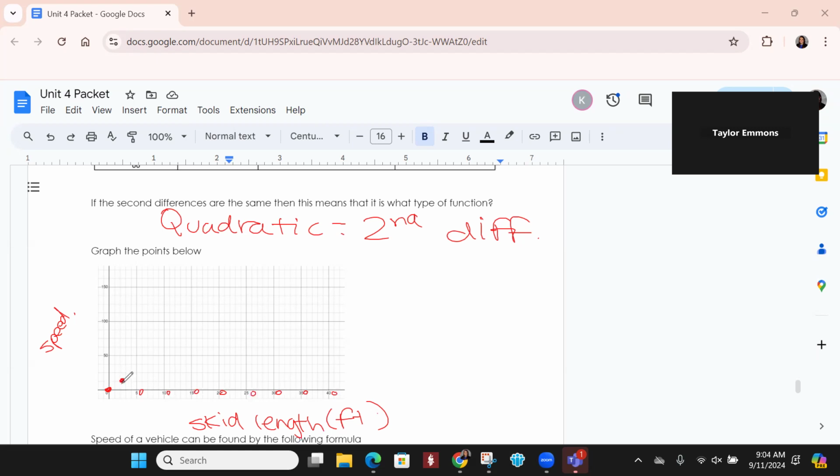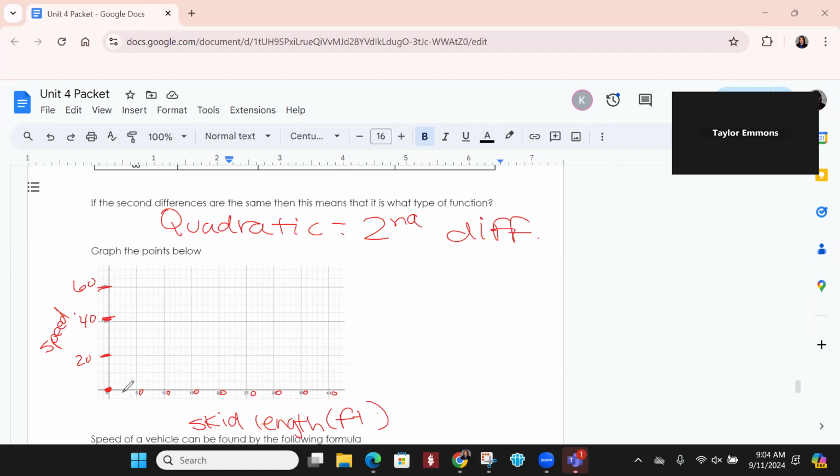Before you start graphing too far, let's change these to a smaller amount. We change these to 50, 100, 150, 200, etc. On this side, I want you to change these to 20, 40, 60.